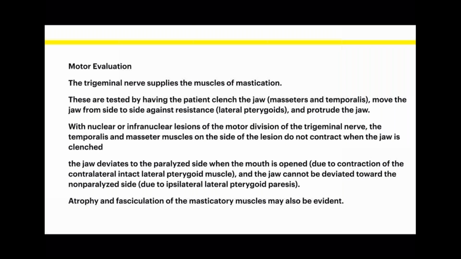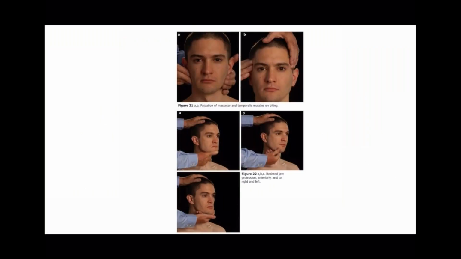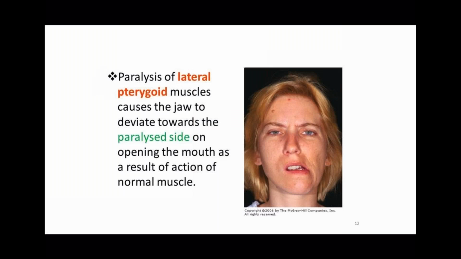So when one side is weak, the other side will keep pushing, so it will go to the bad side. So remember, the paralyzed side is the one where you see the mouth deviation. As I mentioned earlier, if it is deviated toward the left, it means it is the left lateral pterygoid which has the problem.